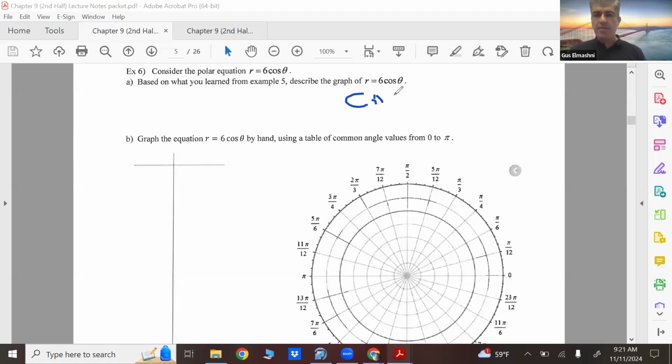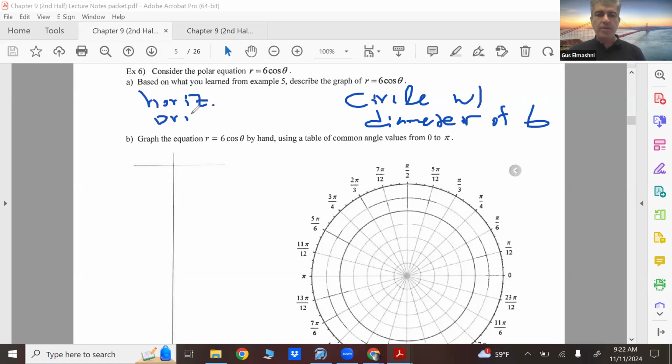I know it's a circle with diameter of 6, and it's going to have a horizontal orientation. So see the pole, 1, 2, 3, 4, 5, 6. It's kind of hard to draw the rest. You could do a quick sketch, but if you want to be more precise, we should plug in some values for theta.